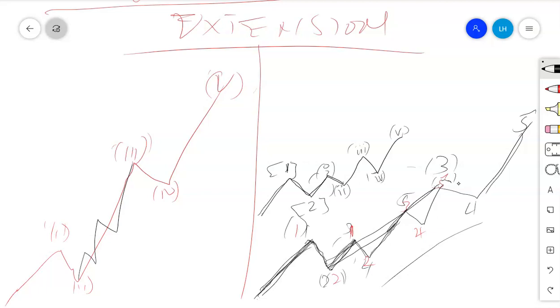In a higher degree, we had this wave number 1 and this wave number 2. So in a higher degree, this will be the third wave. Then finally we'll have the fourth wave in a higher degree, and the last one is now the fifth wave in a higher degree. So that's how you are going to identify what we call the extension within an impulse.